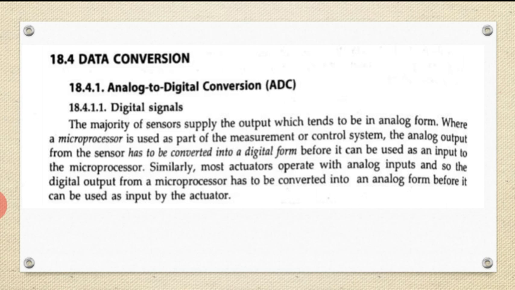Hence the analog form needs to be converted into digital form. Similarly, most of the actuators operate with analog inputs. In such cases the digital form will be converted into analog form. Hence both analog to digital converters and digital to analog converters are required.